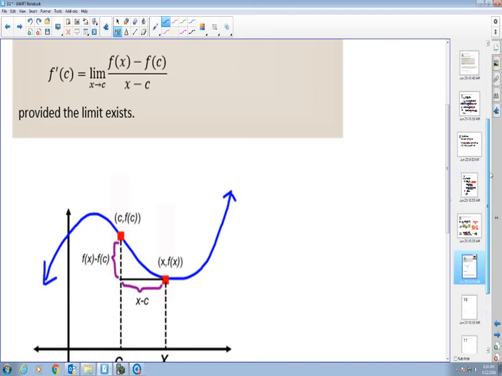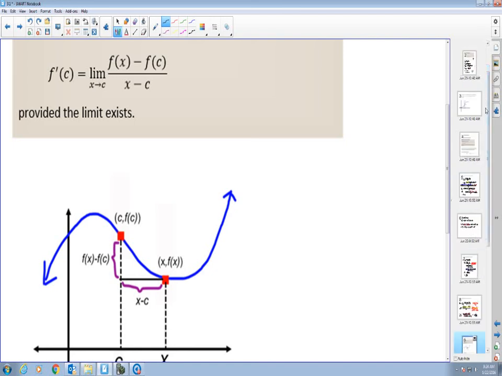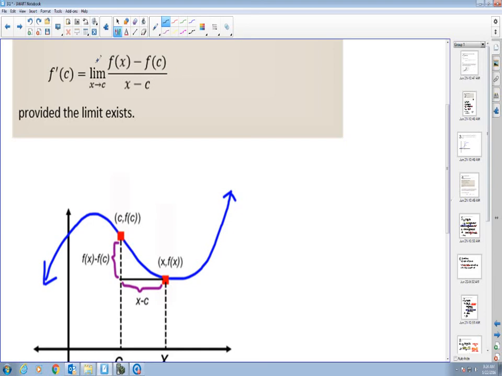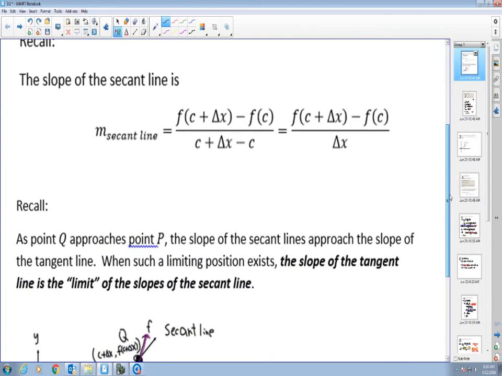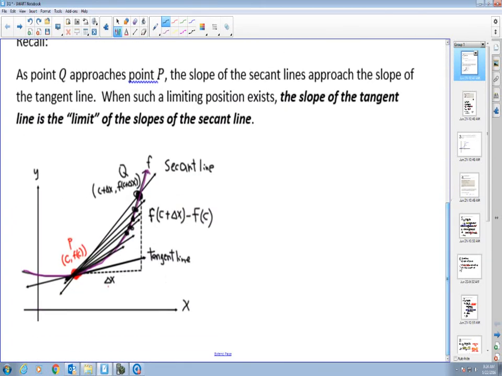If we go back to the drawing from before, this is x plus delta of x here. So c plus delta of x right here, where does that really come from?